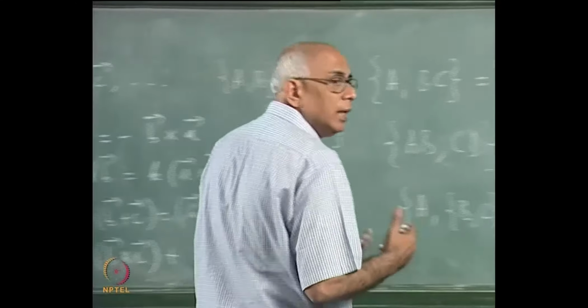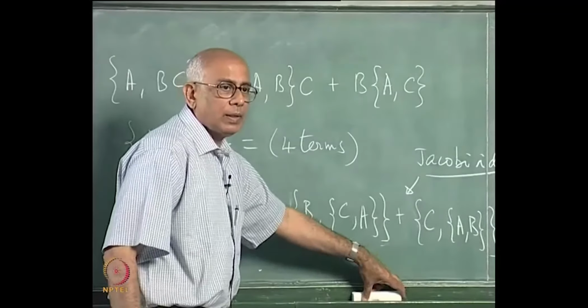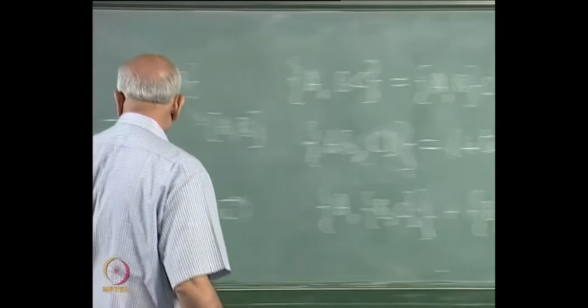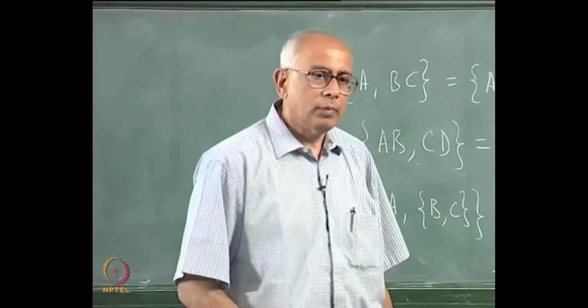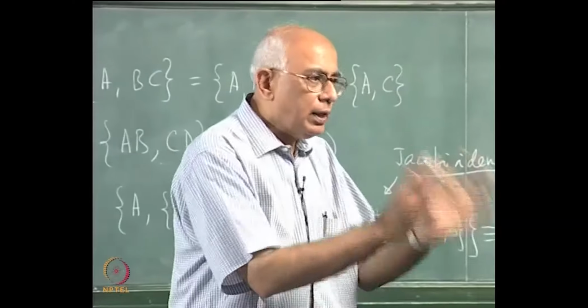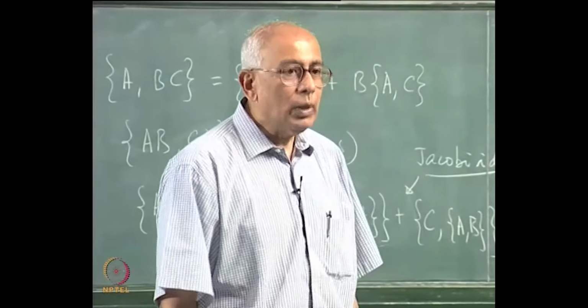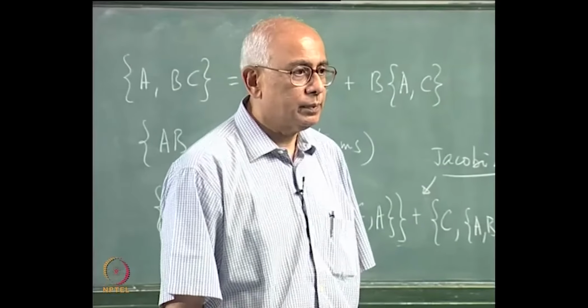There is one immediate use of the Poisson bracket, and that is the following. In conservative mechanical systems, where the Hamiltonian is simply the kinetic energy plus the potential energy, we know that the energy is a constant of the motion.